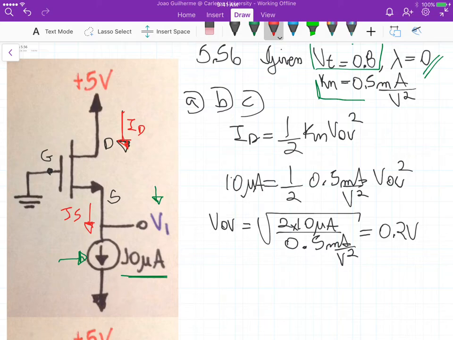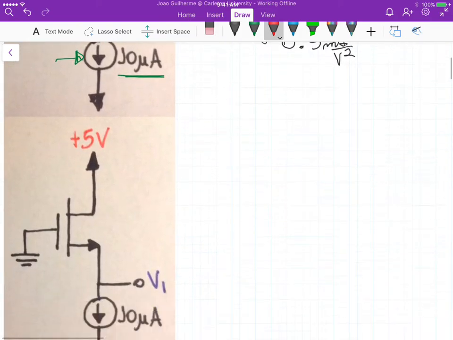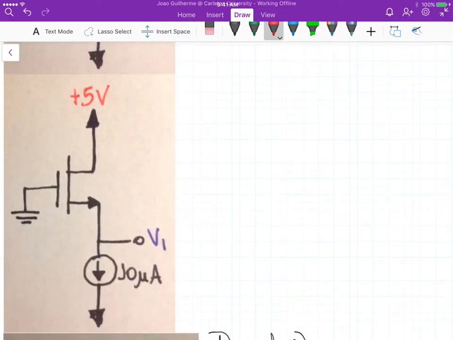So we got the overdrive voltage. Now with the overdrive voltage, we can calculate the voltage at the source, which in our case is actually V1. So if we go down here, V1 is equal to Vs, because it's the voltage at the source terminal here.